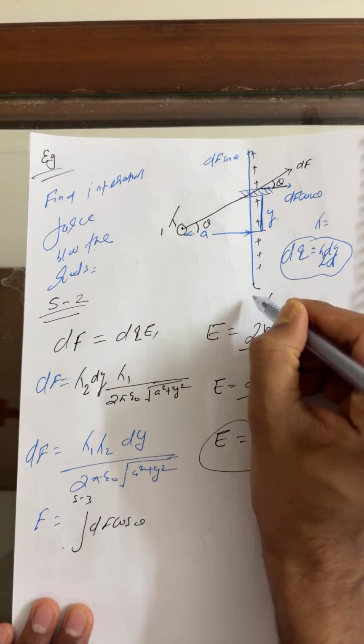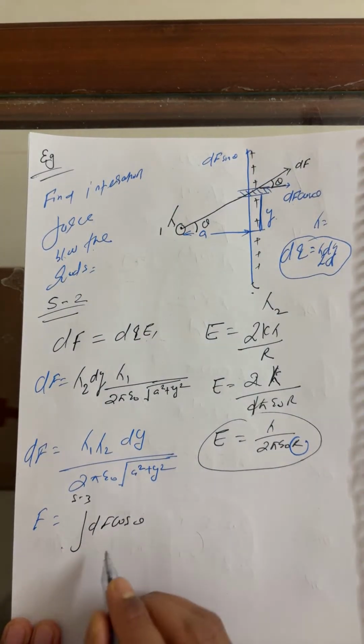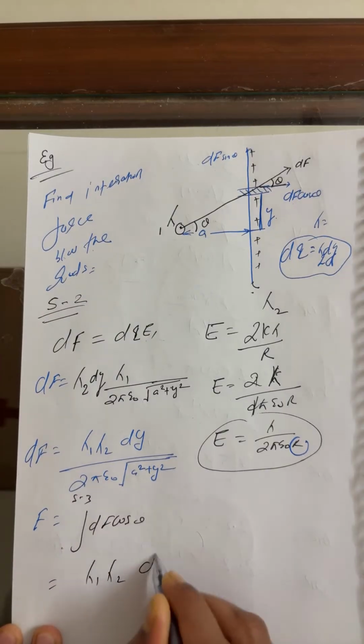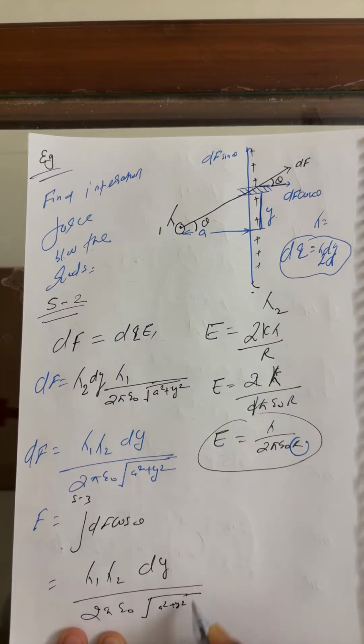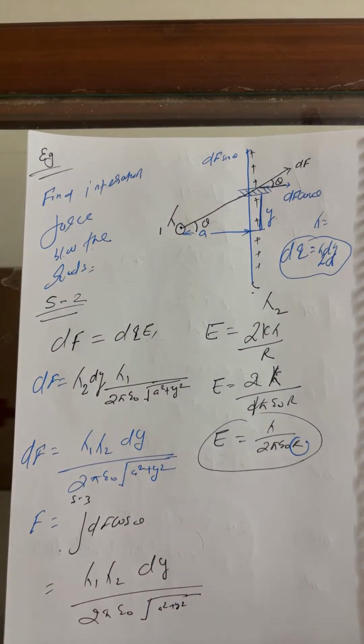This is minus infinity to plus infinity. Be careful, everyone: lambda 1 lambda 2 dy over 2 pi epsilon naught times a squared plus y squared. And what about cos theta here?